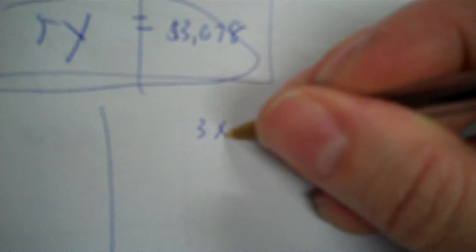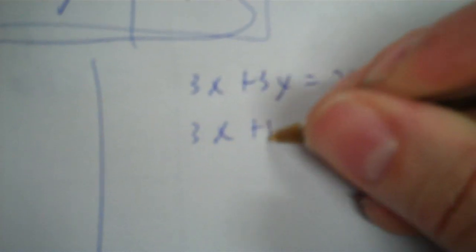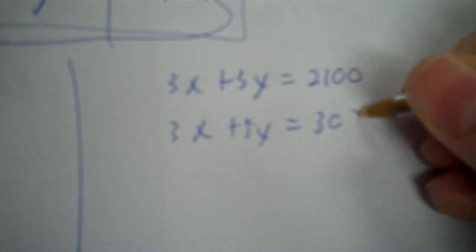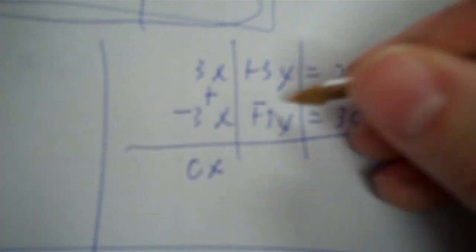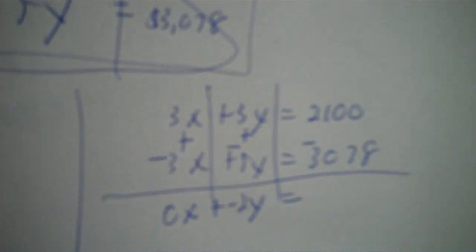So you get 3X plus 3Y equals 2,100. And on bottom you get 3X plus 5Y equals 3,078. You need to make the bottom negative. So I get 0x when I add. When I add here, I get negative 2y. And when I add here, I get negative 978.